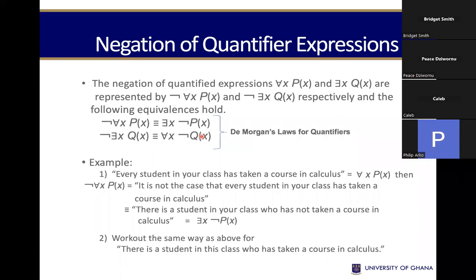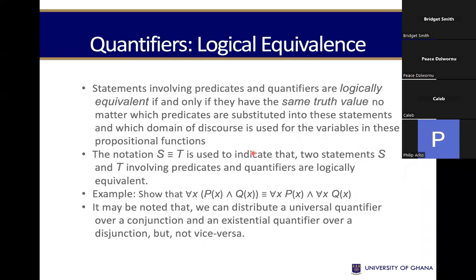So with this understanding, we should be able to have a fair idea of how this will also be showcased. Show that for all x, p of x and q of x is logically equivalent to for all x, p of x and for all x, q of x. And this one, I expect you to probably pick p of x and make it all true, and make q of x some false, some true, right?